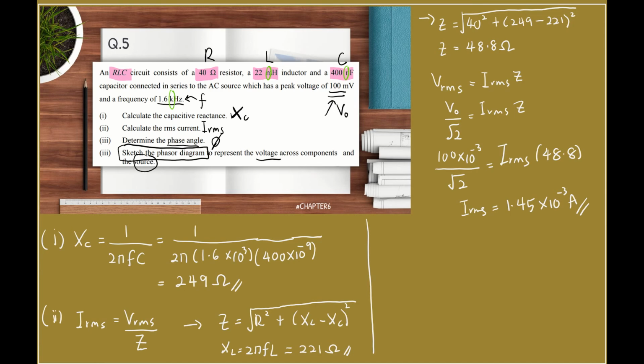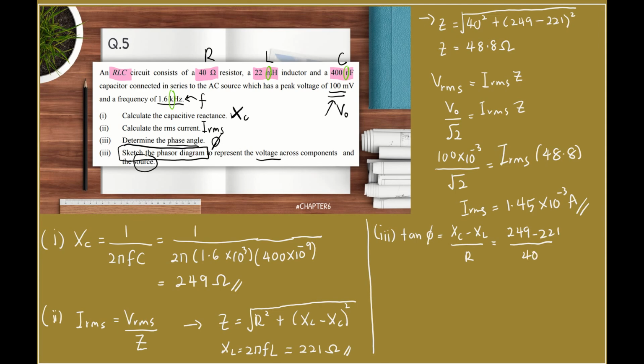The third question is we want to calculate the phase angle. We have this equation: tangent phi is equal to (XC minus XL) over R. So it is (249 minus 221) over 40.